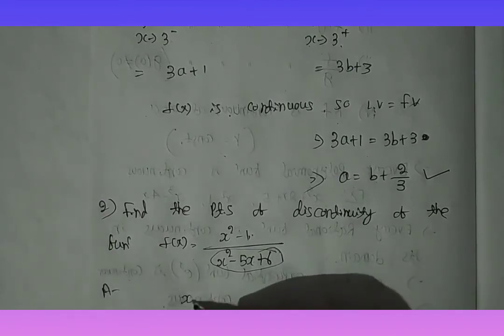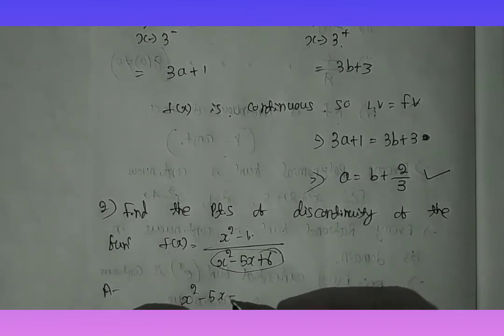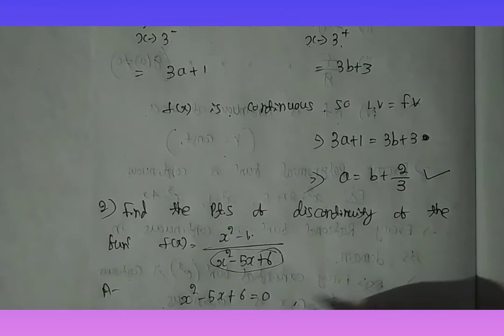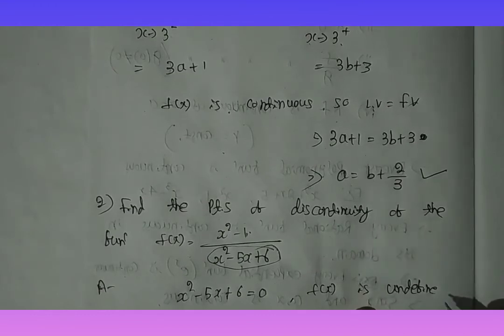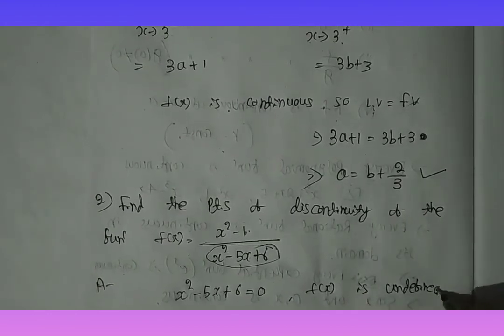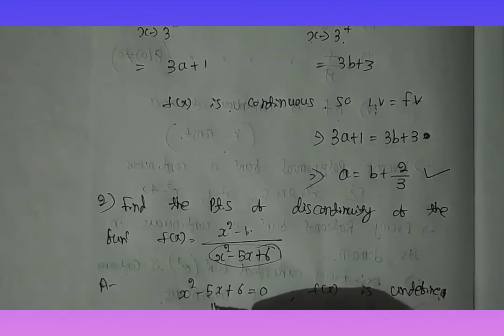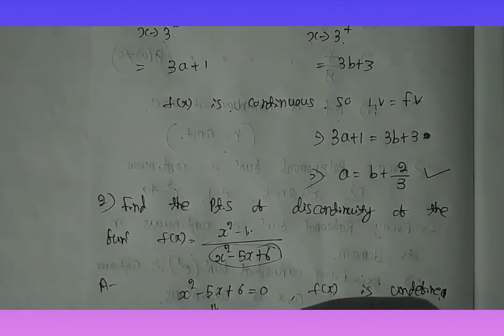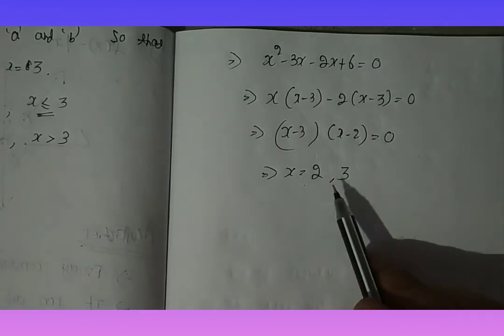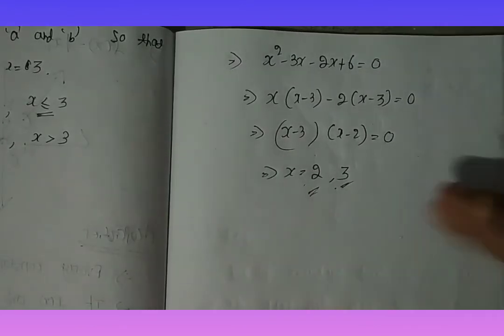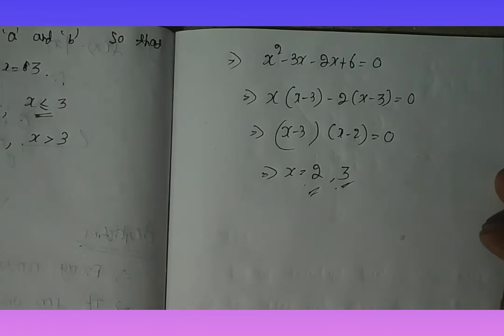That means when this term is equal to 0, the function is undefined. Now simplify it. You will get the value of x, x equal to 2 and 3. At these points, this function is discontinuous.